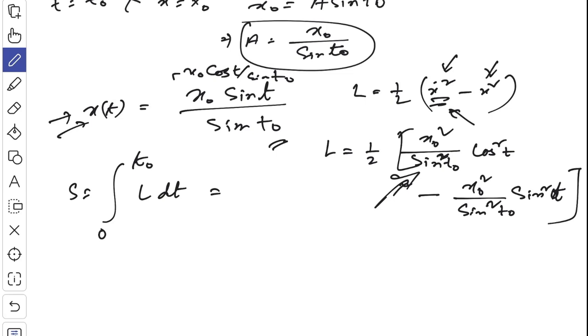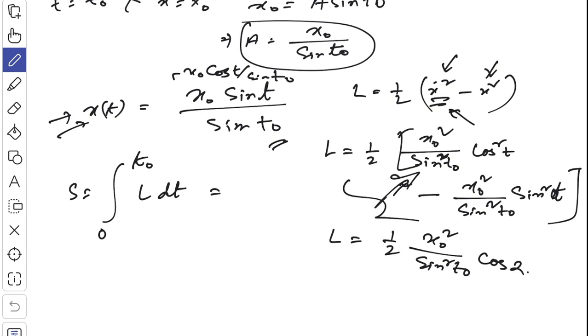Now if you simplify this whole thing, you will get a simple expression: L is equal to half x naught square by sine square t naught times cos 2t. I hope you can simplify this equation yourself. Just take this part common and use cos square t minus sine square t equal to cos 2t.